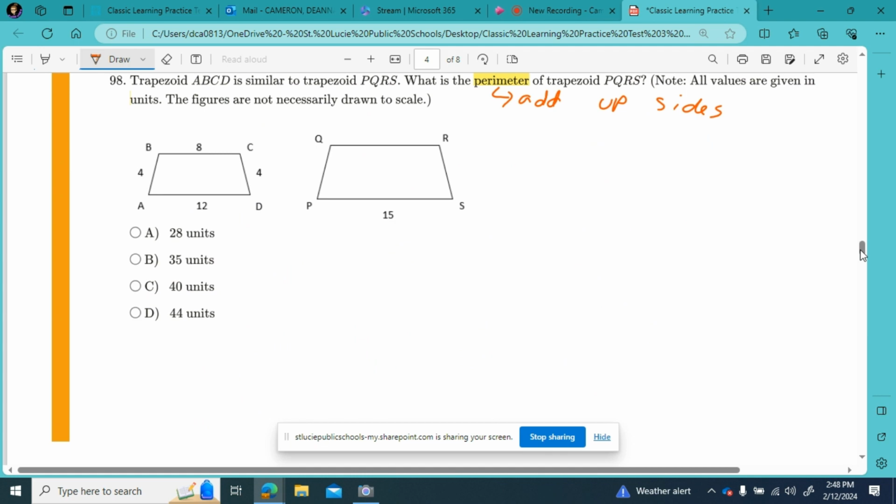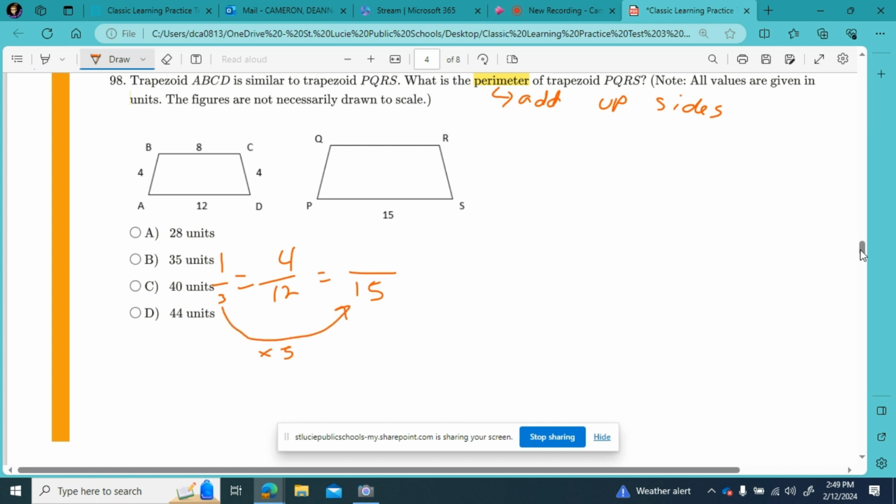To find out what PQ is, we're going to set up a ratio of 4 to 12 equals to how much to 15? And 4 and 12 can both be divided by 4. So our ratio really here is 1 to 3. And 3 can turn to 15 by multiplying by 5.